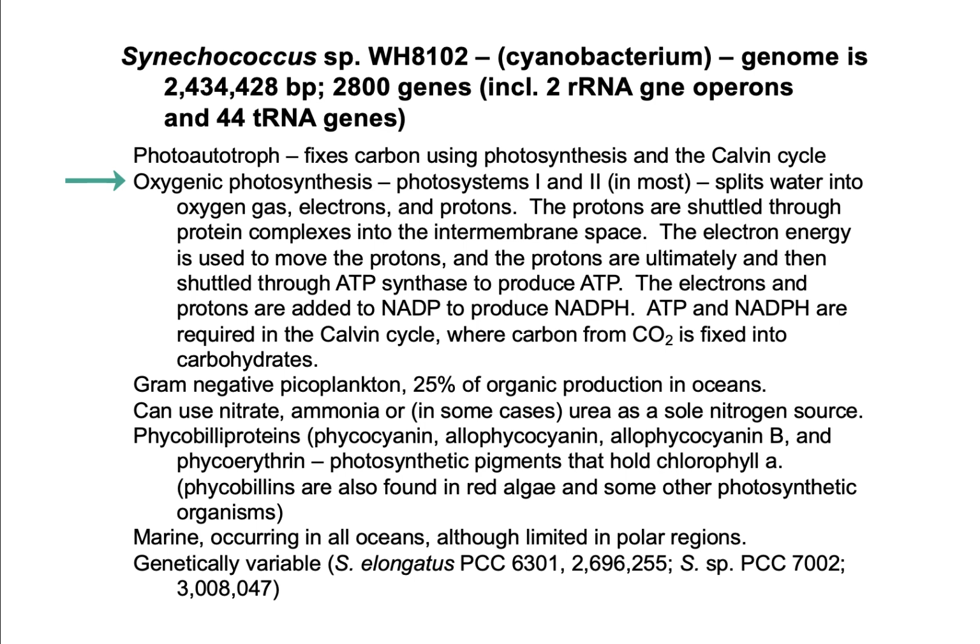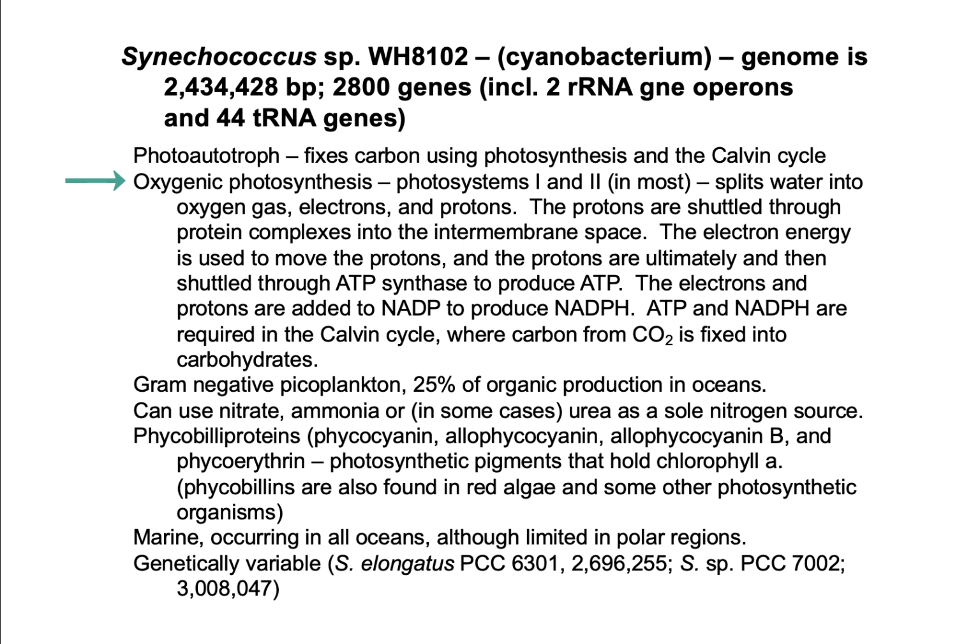Then the electron energy is used to move protons, and the protons are ultimately shuttled through ATP synthase to produce ATP, and the electrons and protons are added to NADP to produce NADPH, and both of these are used in the Calvin cycle to fix CO2 into organic compounds.